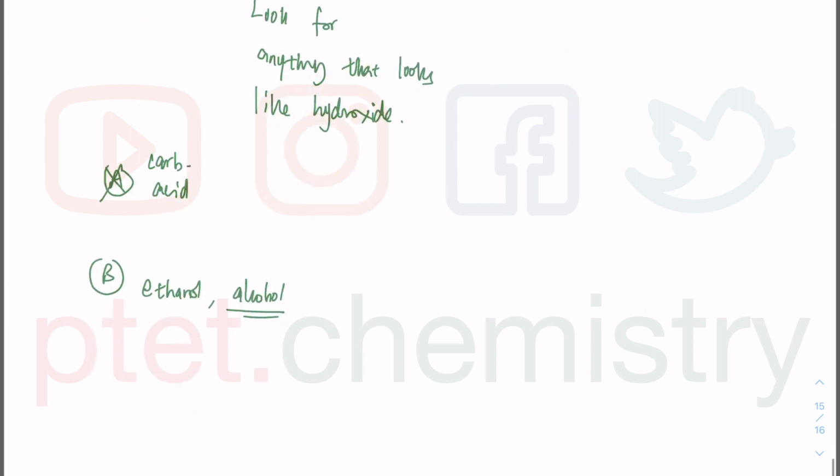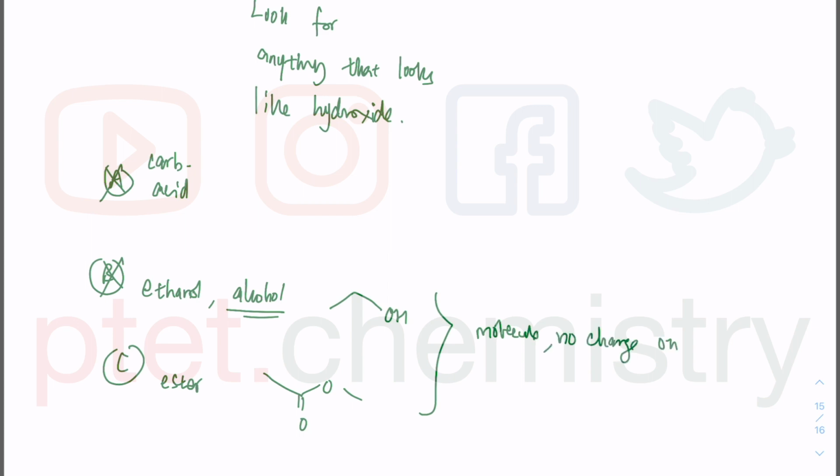Of course, I'll just go through option C first, which is an ester. So you have CH3CO2CH3. No, that's wrong. It should be CH3CO2 like this, whereas these two things are molecules, no charge on oxygen.